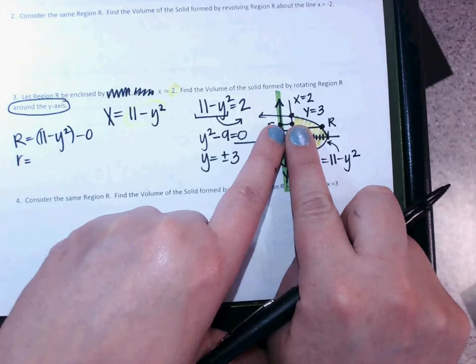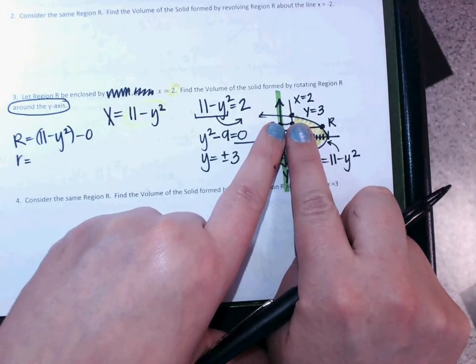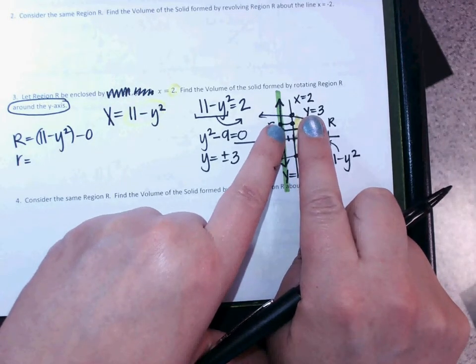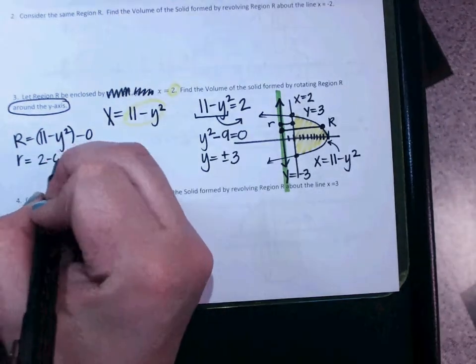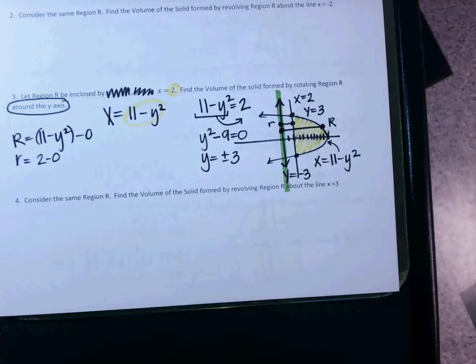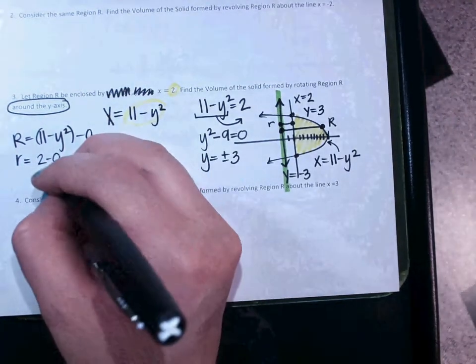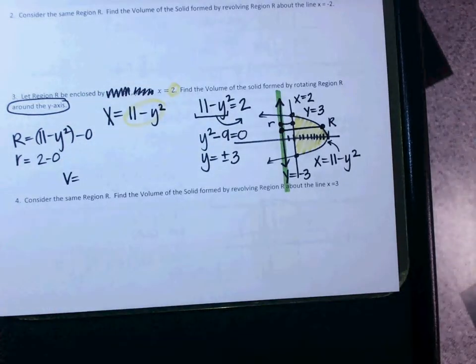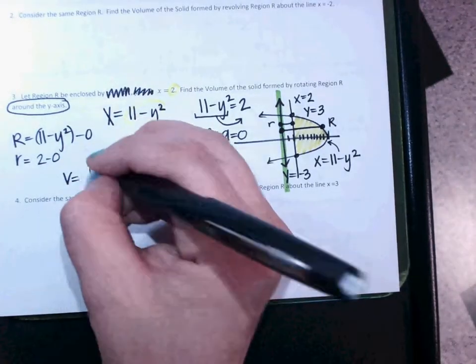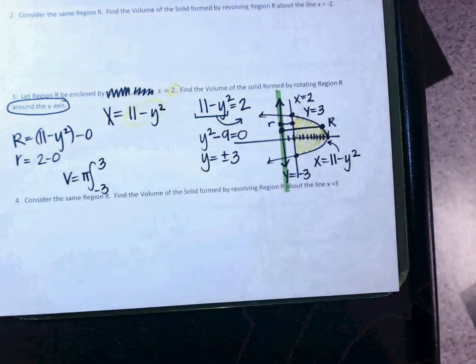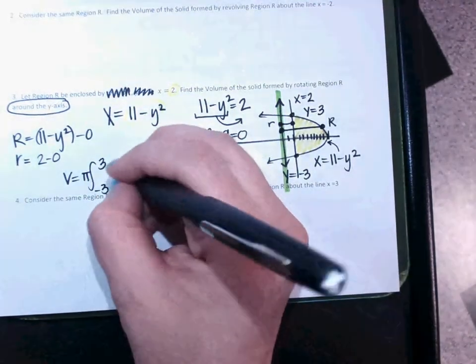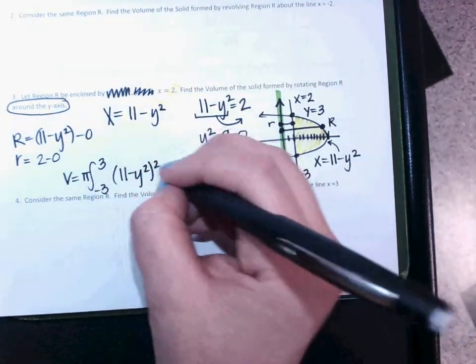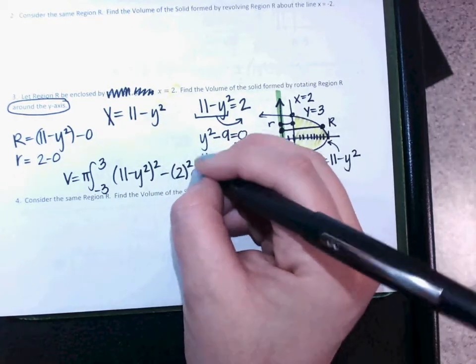Here to here. 2 minus 0. Good job. And then from there, you would drop the zeros, set up your integral. Where are we integrating from? -3 to 3. Pi in the front. And then your capital R would be 11 minus y squared, squared, minus 2 squared dy.